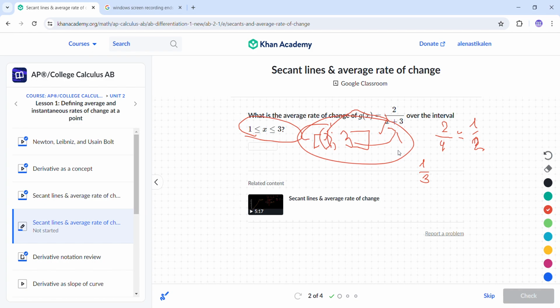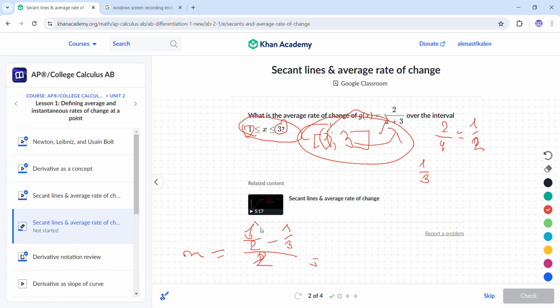Now, as for the x value, as well as just 1 and 3, again, the slope is equal to rise over run, which is just 1 over 2 minus 1 over 3, and over 2, right? 3 minus 1 is just 2.